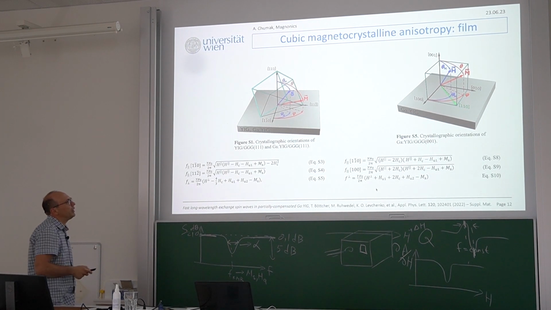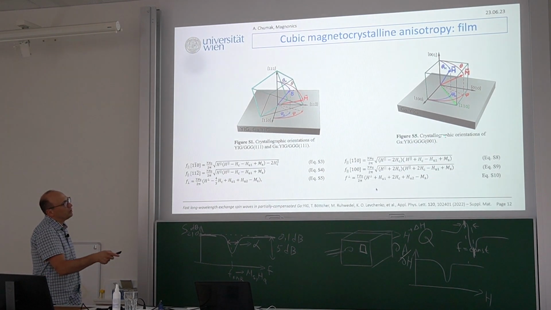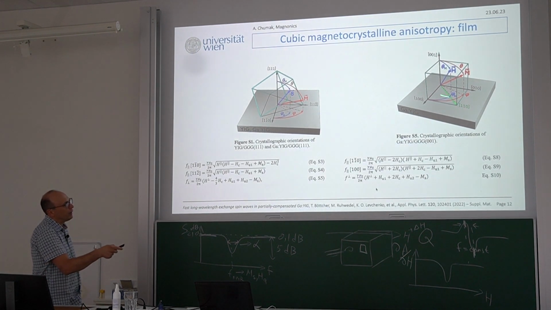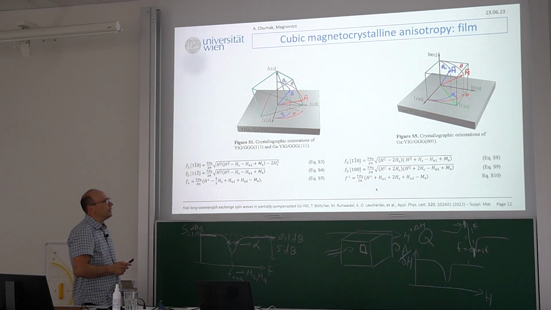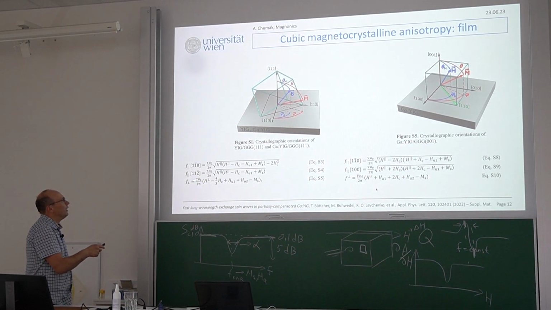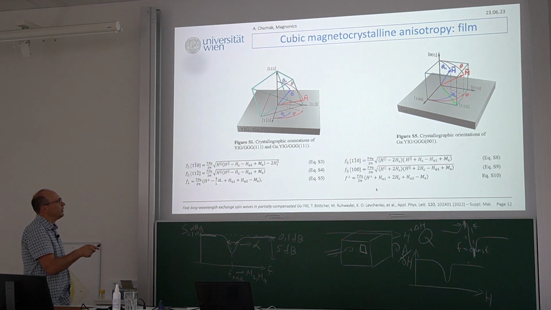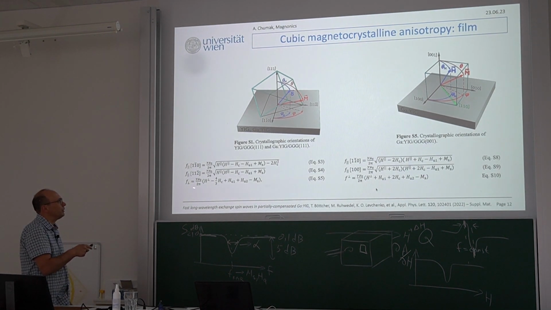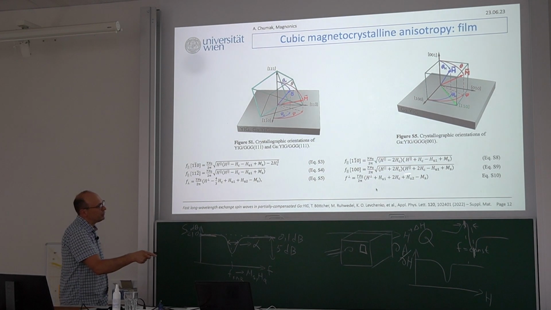So here are all these axes shown, or growing on 001 substrate. And then you have here ferromagnetic resonance frequency when it's magnetized perpendicularly, and here's uniaxial 1, uniaxial 2 anisotropy, and cubic anisotropy HC. The same for this one.